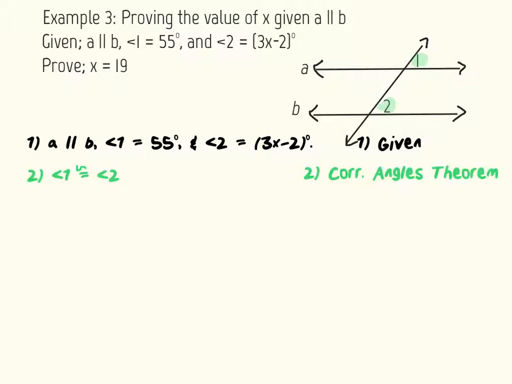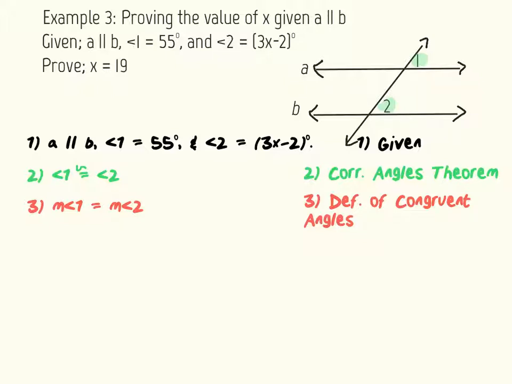So angle 1 is congruent to angle 2 by the corresponding angles theorem. The next thing we're going to do is change it into angle measures so that we can actually use our numbers. So instead of writing angle 1 and angle 2, I'm going to write the measure of angle 1 equals the measure of angle 2. And that is by the definition of congruent angles.